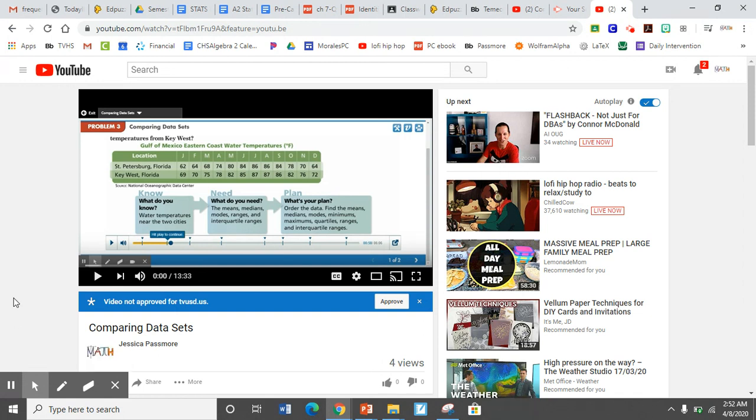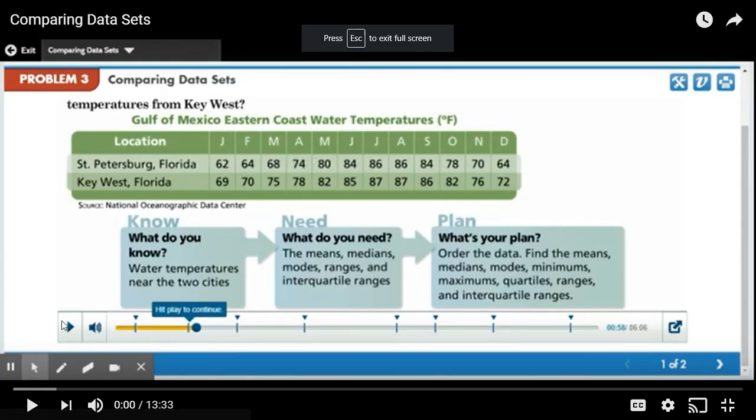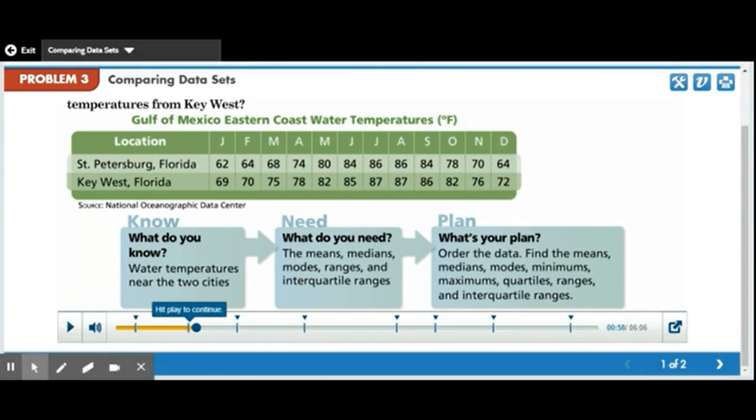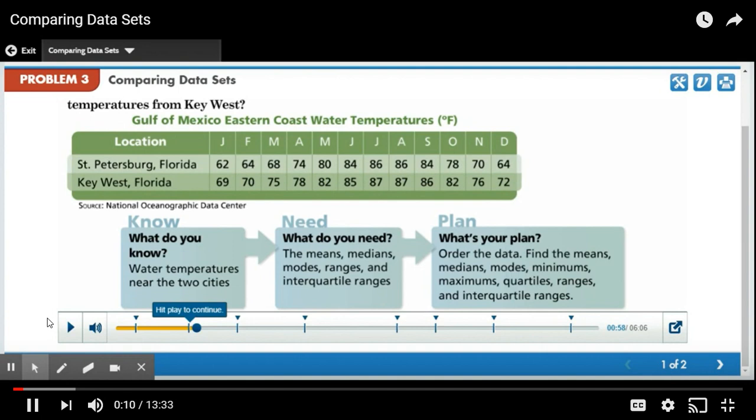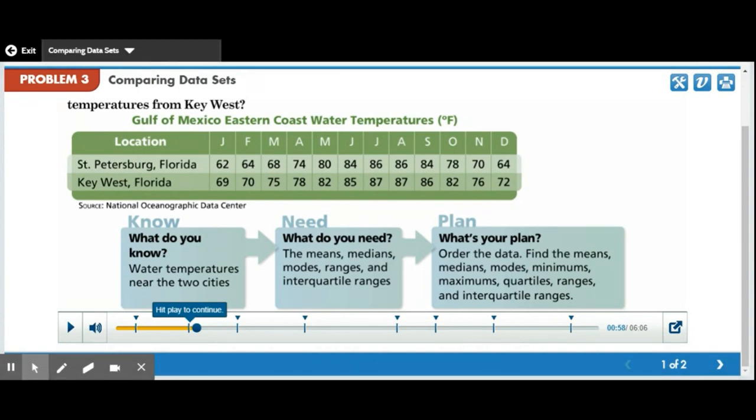Okay, so like I said, I have a little video that explains how we're going to find all of these values really nicely displayed. So let's go ahead and get that started. All right, so in order to compare the two data sets between the water temperature in St. Petersburg, Florida and Key West, Florida, we're going to have to compare a couple of different things about the data sets.